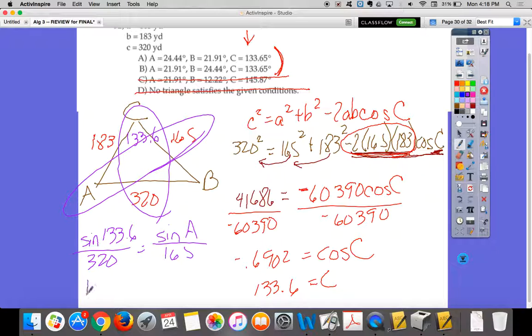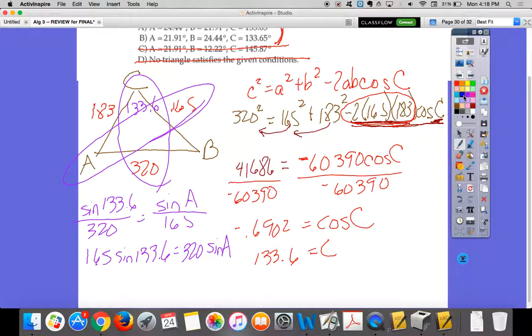So if you cross multiply, you got 165 sine 133.6 equals 320 sine of A. Now I've got to divide through by my coefficient here, which is 320. If I divide through by 320, hopefully we get a decimal: 165 sine 133.6, then divide that by 320. Okay, I did. I got a decimal, 0.3734. That is sine of A.